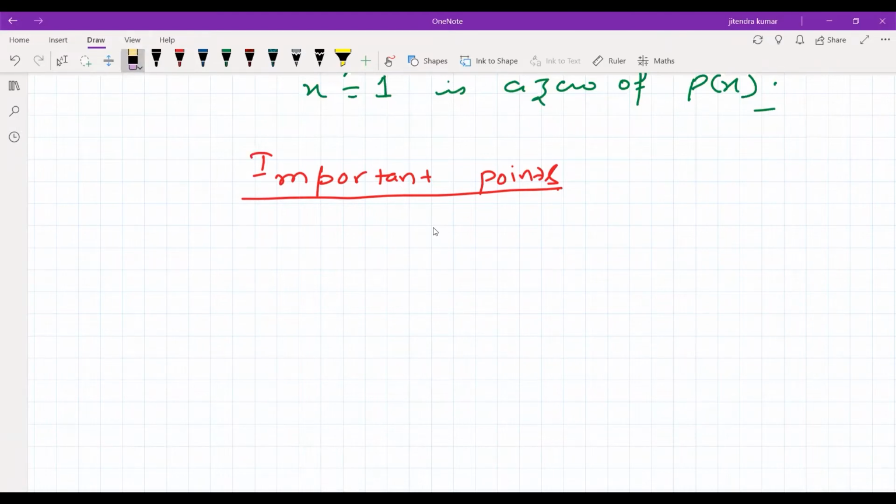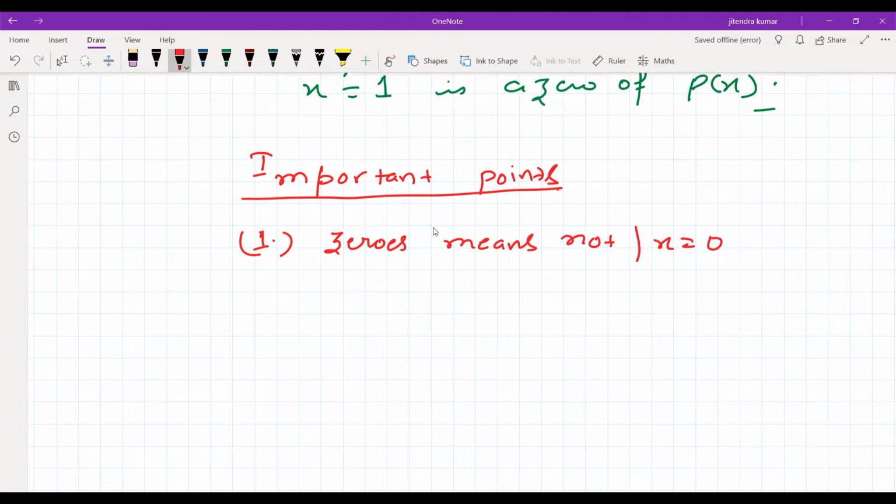So first thing we should know is that zeros does not mean x equal to 0.